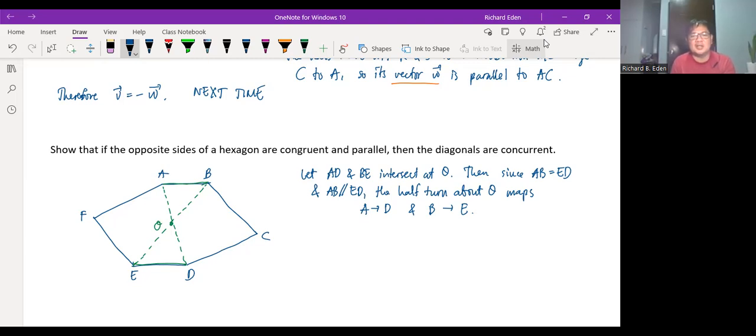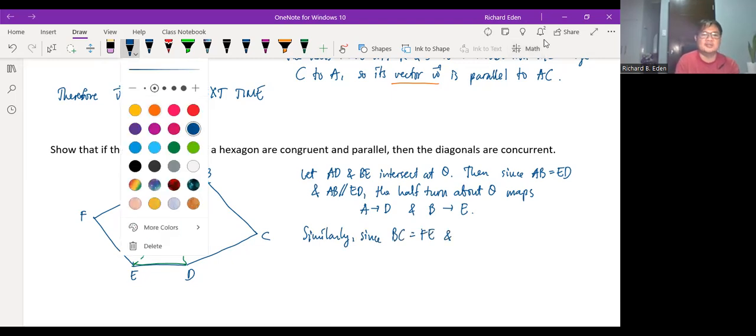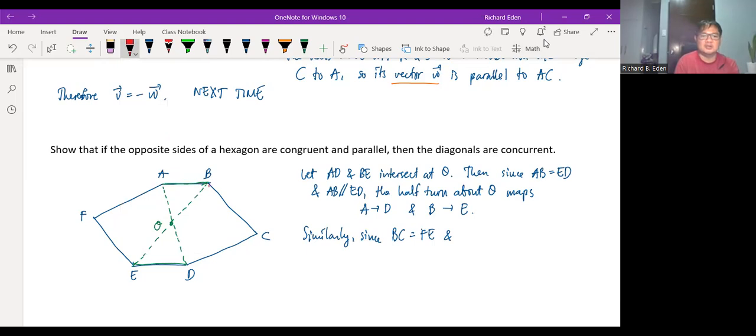I'm not going to draw it anymore, but similarly, since BC is equal to FE, those red segments are parallel and congruent, so there is a center of a rotation that acts on BC, bringing it to EF.